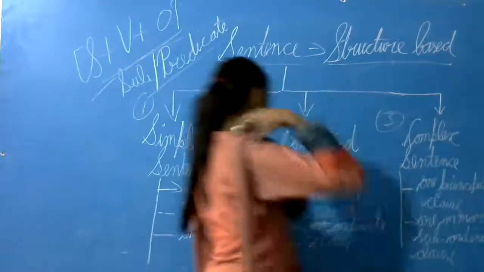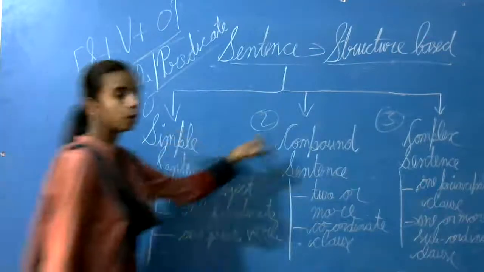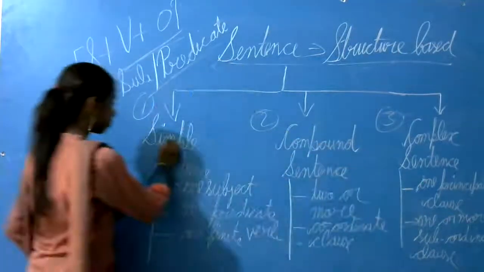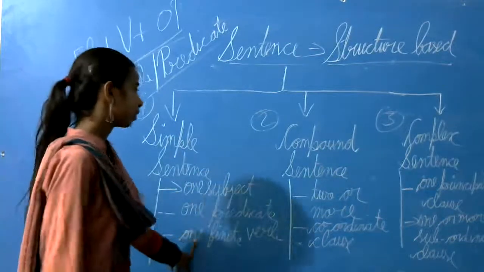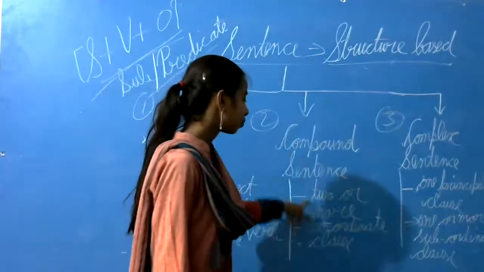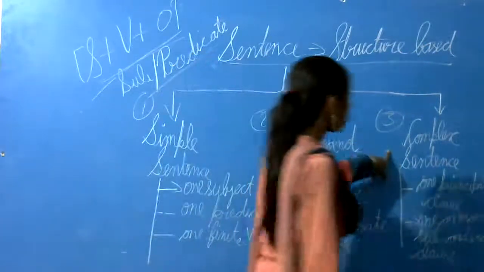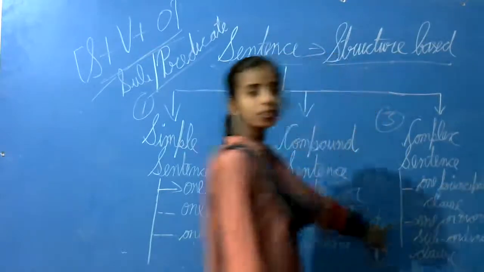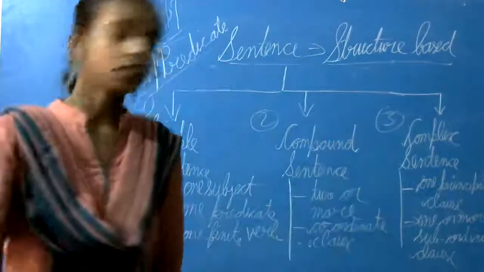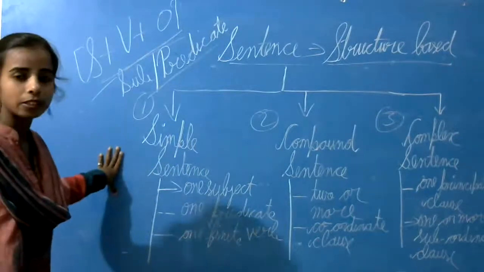So these are the main points you should remember to learn the definition of simple, compound and complex sentence. A simple sentence is made up of one subject, one predicate and one final verb. A compound sentence is made up of two or more coordinate clause. Okay. A complex sentence is made up of one principal clause and one or more subordinate clause. Okay. So note this point. Then I will first tell you in detail about simple sentence.